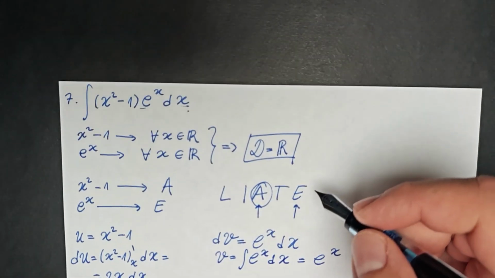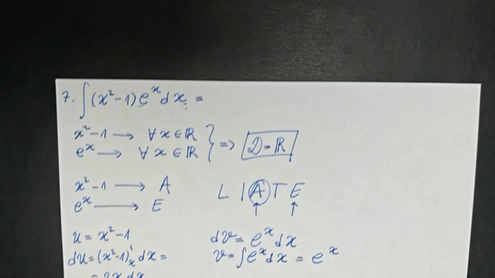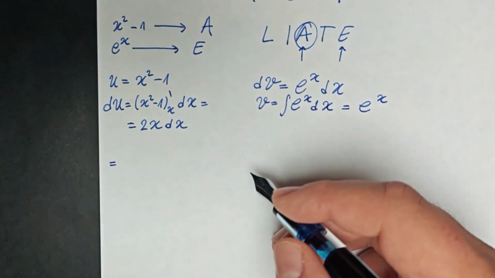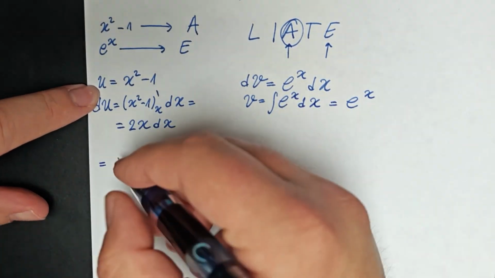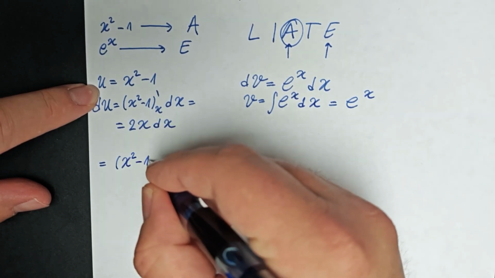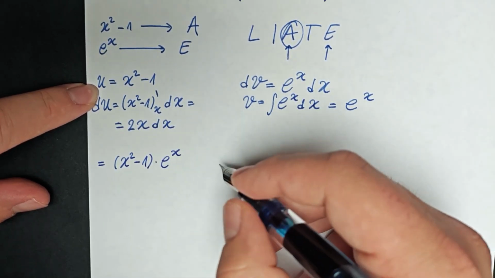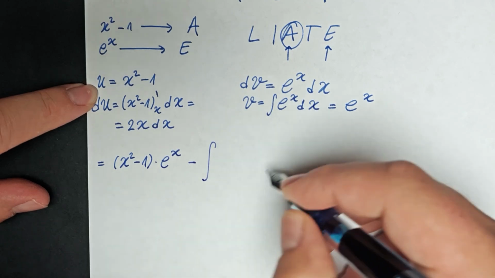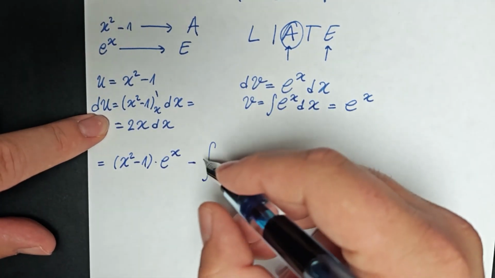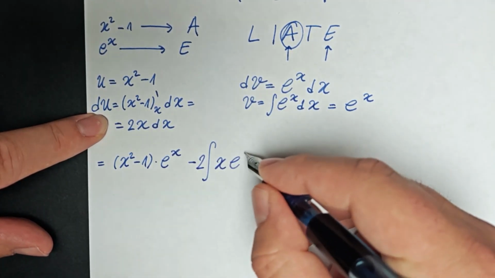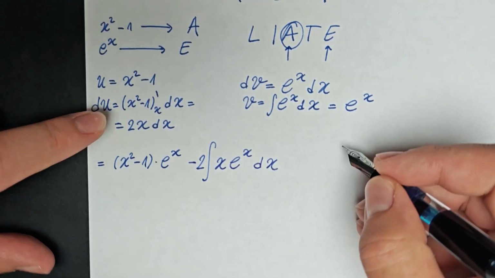So this integral then becomes equal to u multiplied by v, that is x squared minus 1 multiplied by e to the power x, minus an integral of v du, and that is 2x e to the power x dx.